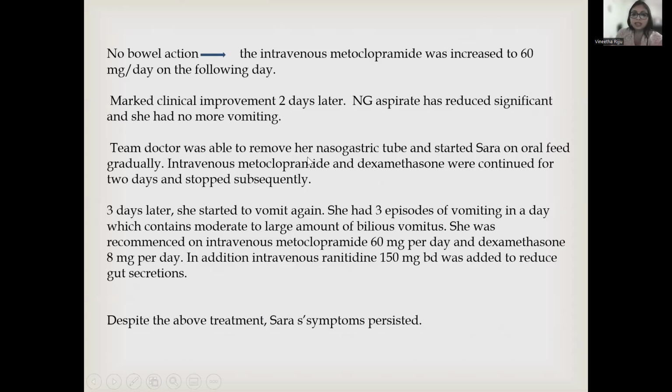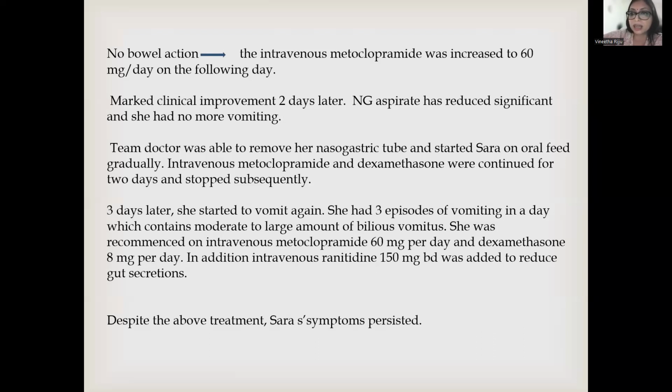She had a bowel opening, the NG tube aspirate started reducing, and she had no more vomiting. So the team doctor said, okay, now we can remove your nasogastric tube, and Sarah was started on oral intake. Intravenous metoclopramide and dexamethasone were continued for 2 days, and then stopped.